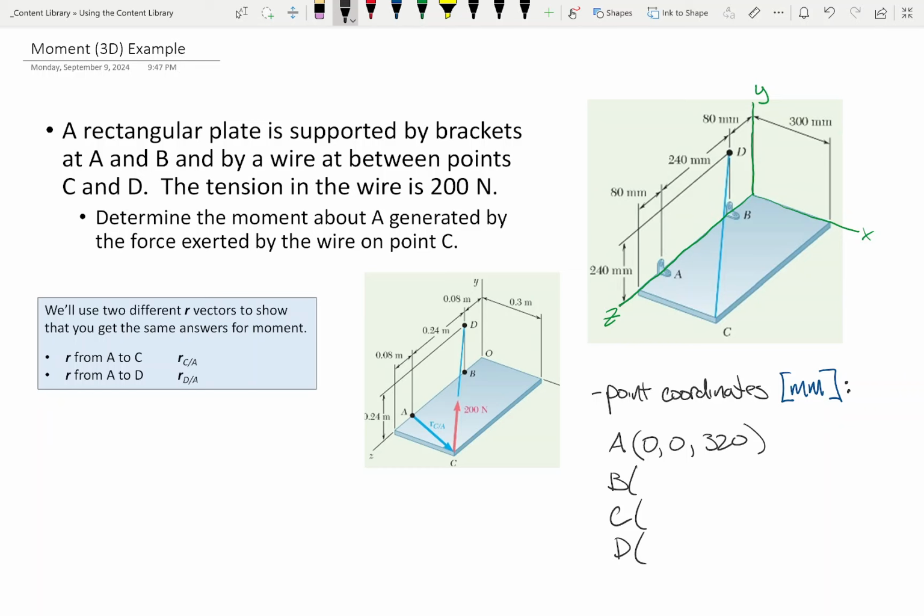This is point A, and this is the origin, right? So we don't go over x, don't go up y, but we go along the z-axis. For A, we go 80, then 240, so we go 320. Let's just do point coordinates. So if that's the case, what are the coordinates of B? 0, 0, 80.